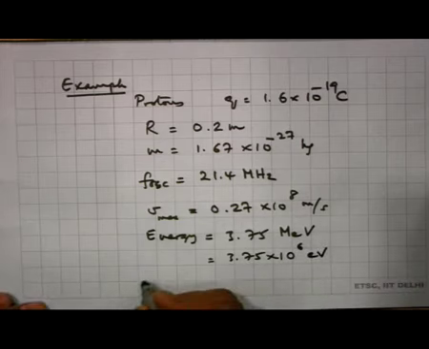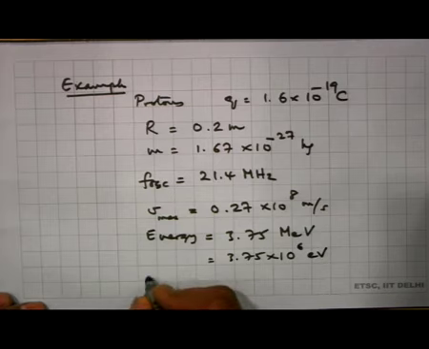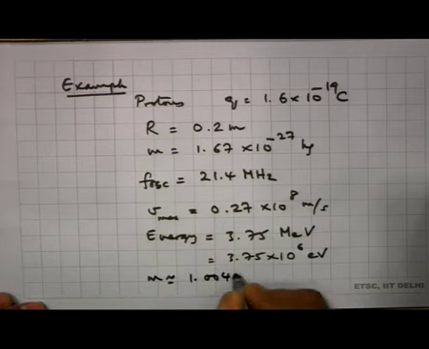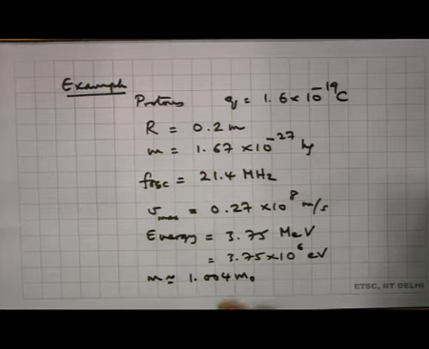And you can calculate the mass of the particle at this velocity. There's a slight increase in mass because of the velocity being closer to the velocity of light, but that increase in mass is very, very small compared to the original mass.